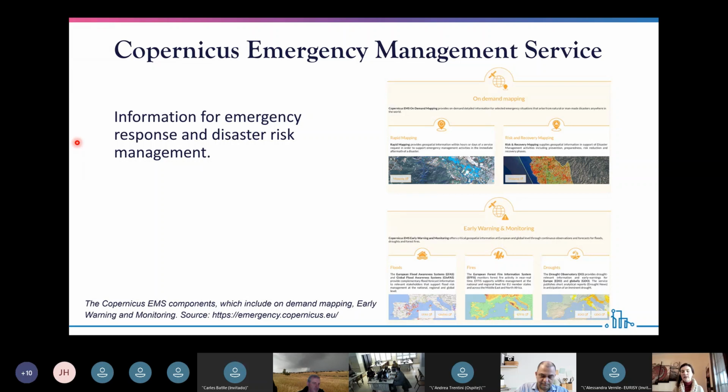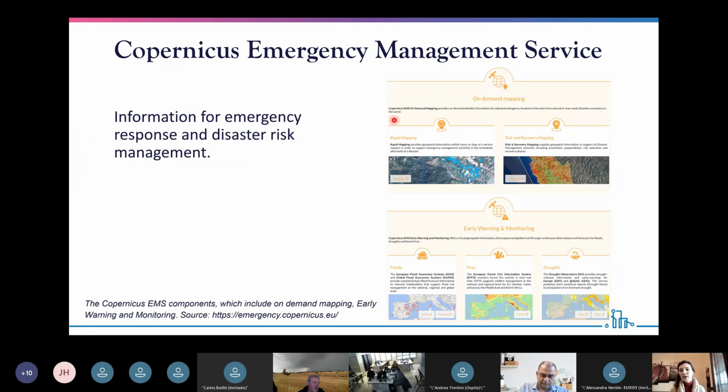Probably you know that emergencies have different phases, starting from preparation, to facing the emergency itself, to recovery, and again to being prepared to better face or possibly avoid a future disaster. So the idea is to support all these phases with different types of products.